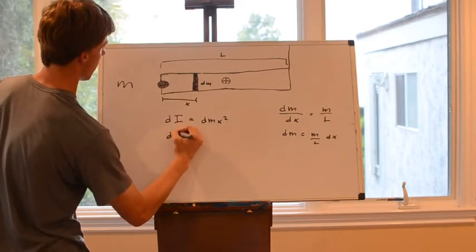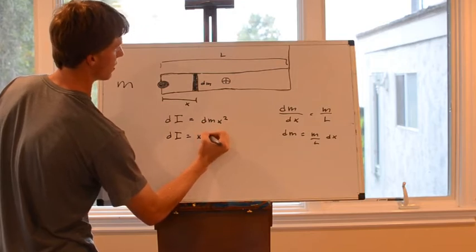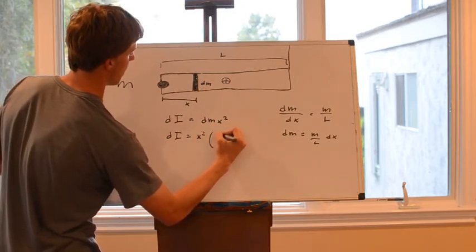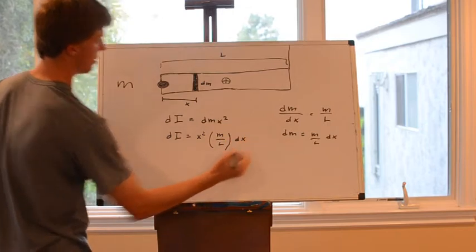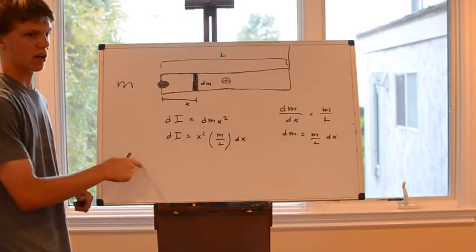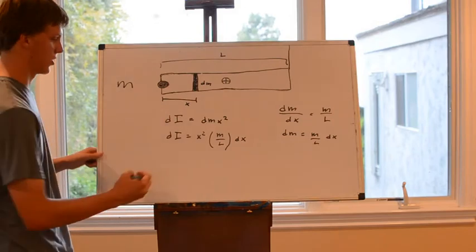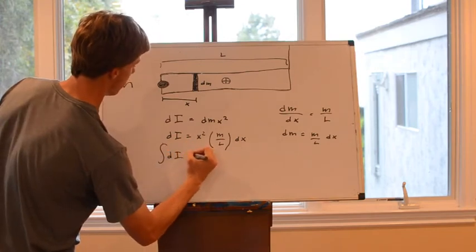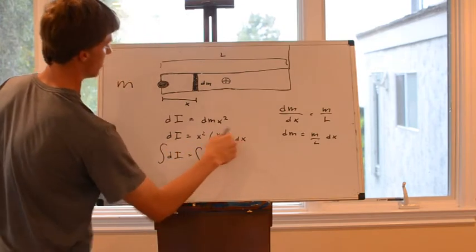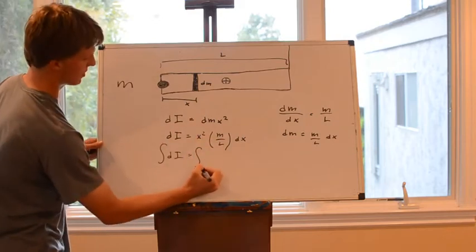So dI is equal to x squared, mass over length, dx. So now we have this integral here, and we have to integrate it in order to get our moment of inertia. So if we integrate both sides, dI, and we integrate this entire function, we're going to add some limits of integration.